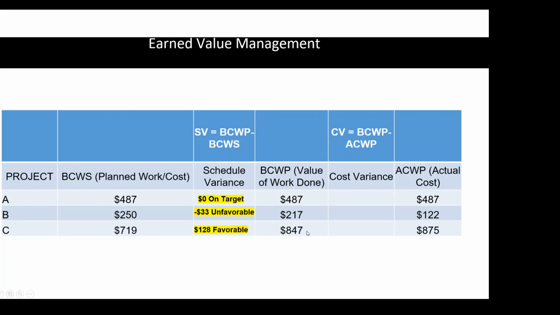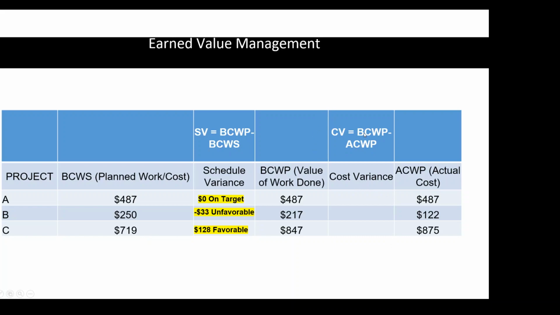You want the value to be when the project is done and you got that extension on your home, I want the value of my home to go up. So schedule variance, the difference between both is 128, and that becomes favorable because its value is more than what I planned. All right, let's look at cost variance now.